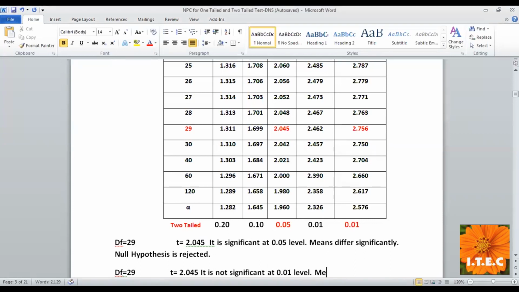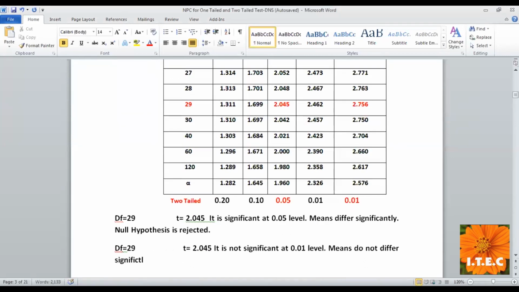What is the meaning? Means do not differ significantly. And if the means do not differ significantly, what is the meaning? That the null hypothesis is not rejected.